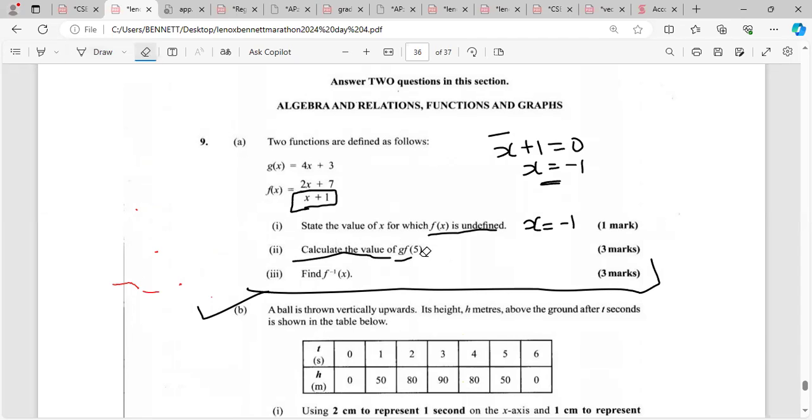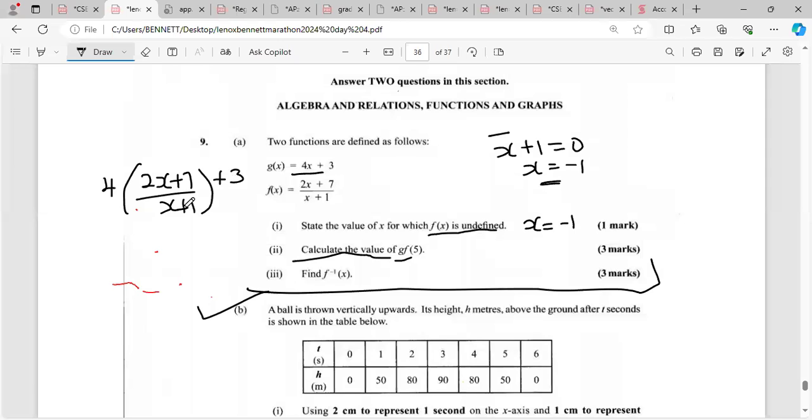Alright, so let's go. It says now gf. So f is the last function, so we're going to write back all of the last function, which is 2x plus 7 over x plus 1, in brackets. Then we write back g, which is 4x plus 3. Don't multiply the x plus 1 here, guys.